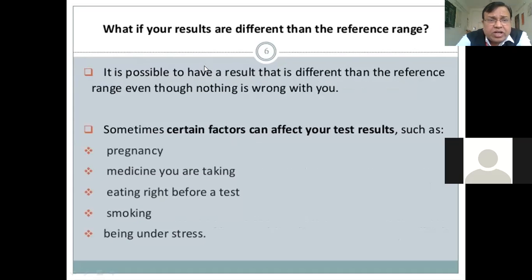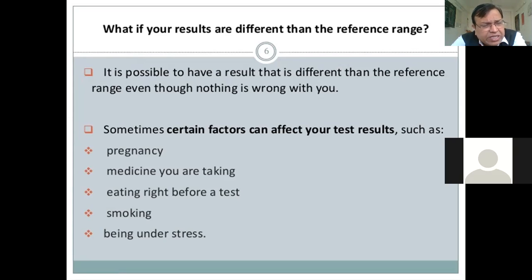Now, what if the result is different from the reference range? It is possible to have a result that differs from the reference range even though nothing is wrong with you. In the case of a kidney patient, you can see the creatinine level increasing in the blood, but you can't find any symptoms for a year, 2, 3, 4, 5 years.